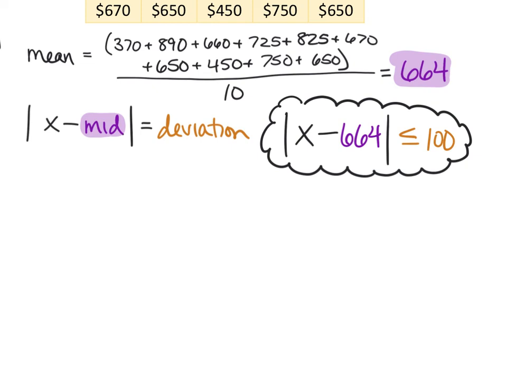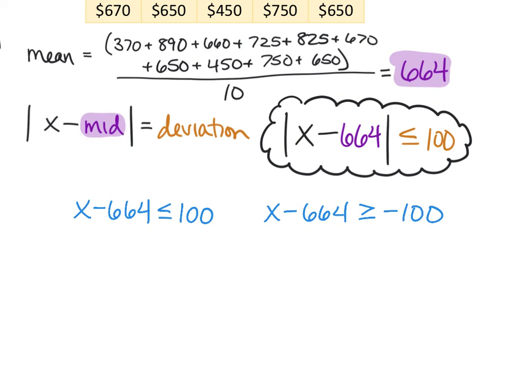So what we would do after this, since it's isolated, we would separate: x minus 664 less than or equal to $100. X minus 664, flip the sign, just like we did before. In both of these tiny little inequalities, how do we solve for x?